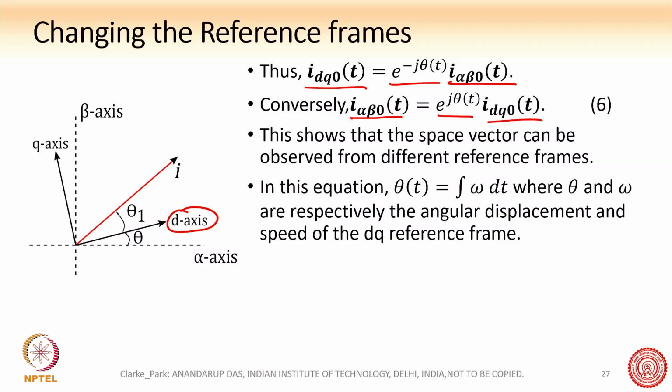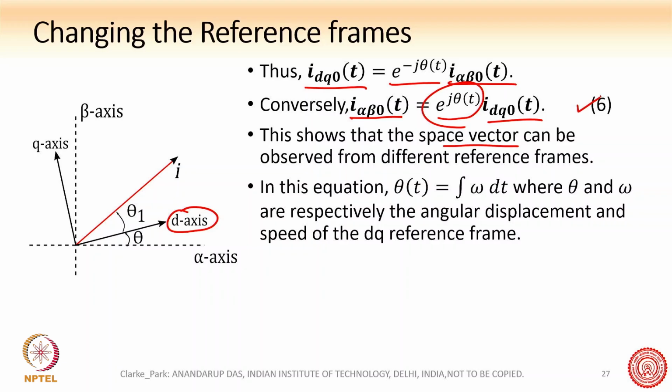Therefore it shows that a space vector can be observed from different reference frames. In case the two reference frames coincide, then the value of theta is equal to 0. But in case they do not coincide, there is an angle theta between the d axis and the alpha axis, and if you observe the same space vector from the two different axes, the magnitude remains the same, but an additional term of e to the power j theta will come into the expression.